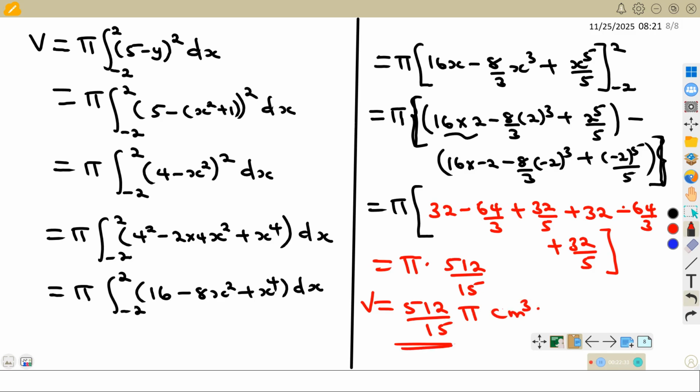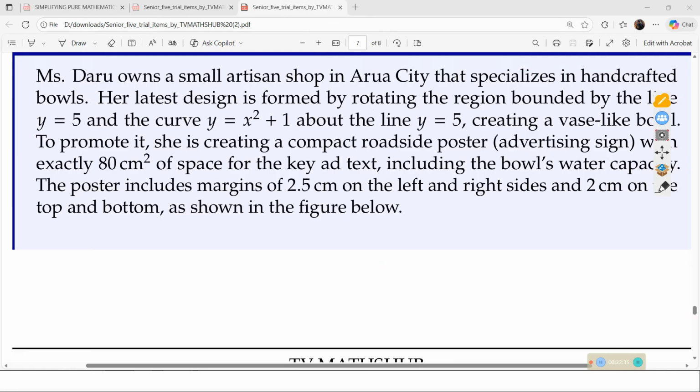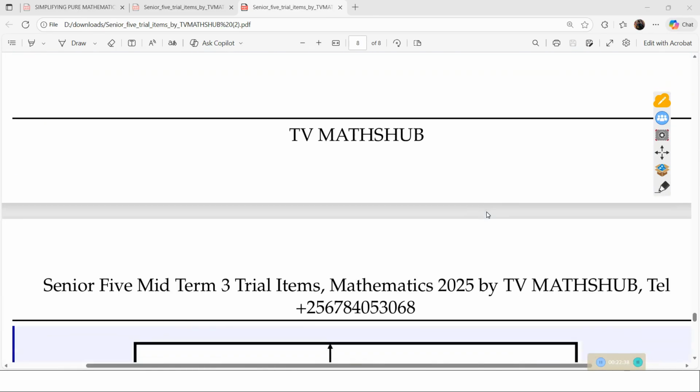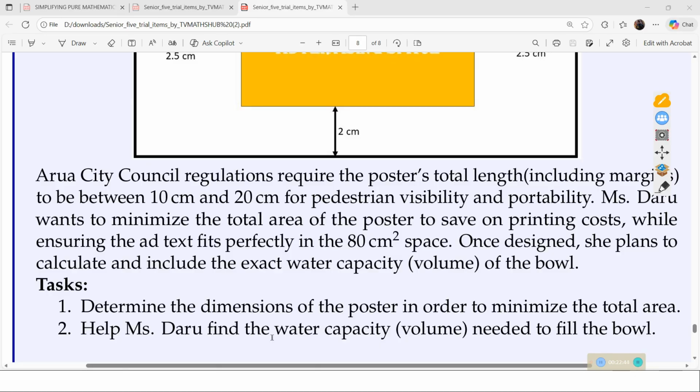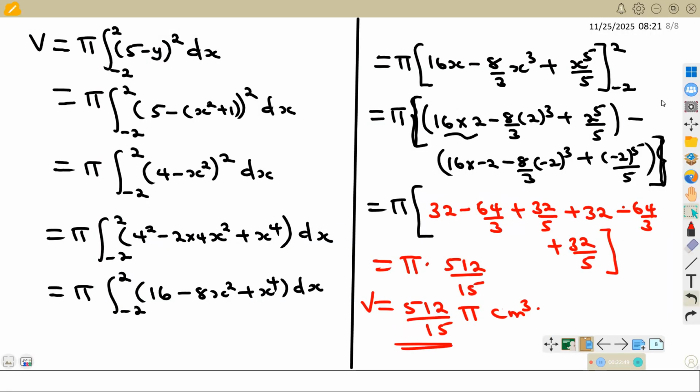This will be the volume of the bowl. So we are interested in helping Miss Daru find the water capacity needed to fill the bowl.